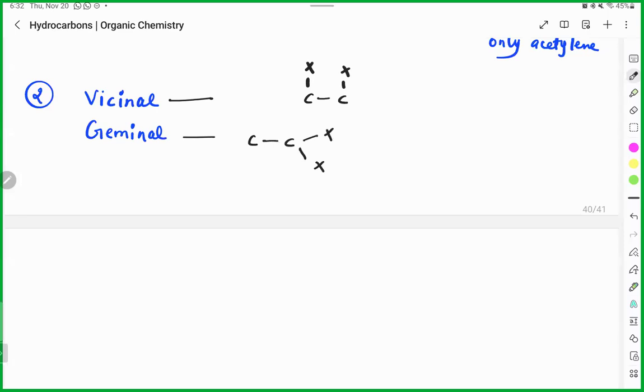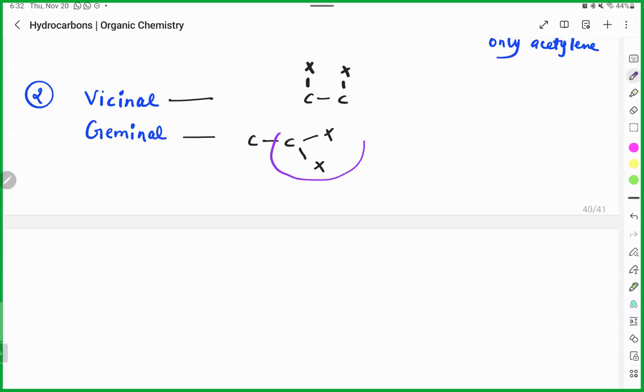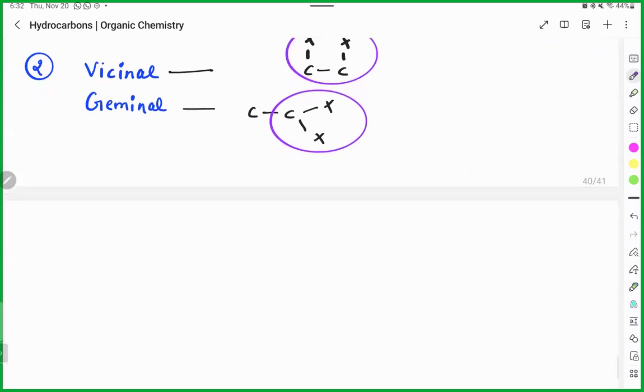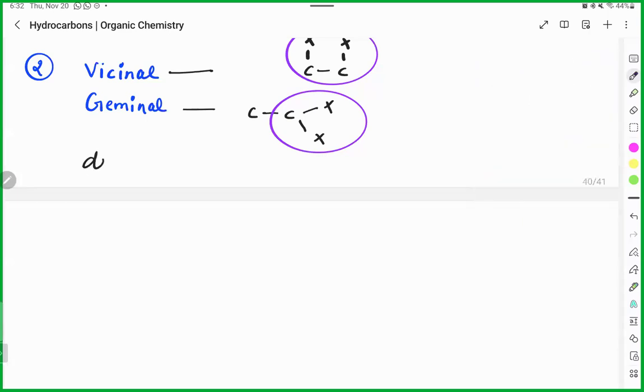If both the functional groups attach on adjacent carbons, it is vicinal. If both the functional groups are present on the same carbon, then it is geminal. See here. Got it? Here you will do dehydrohalogenation. Pratigya, what is dehydrohalogenation?